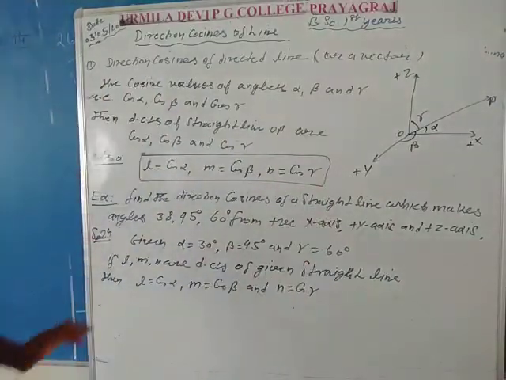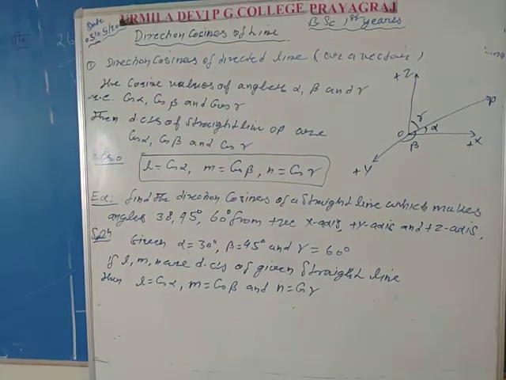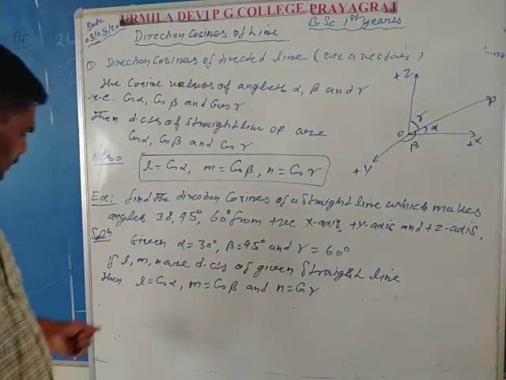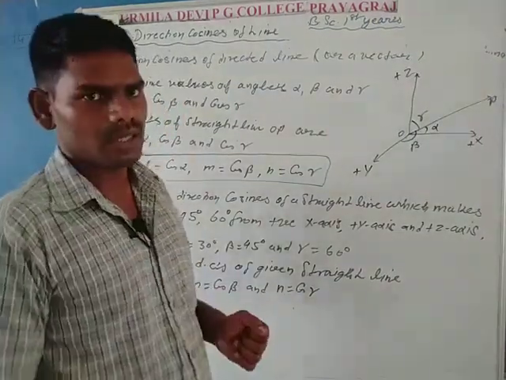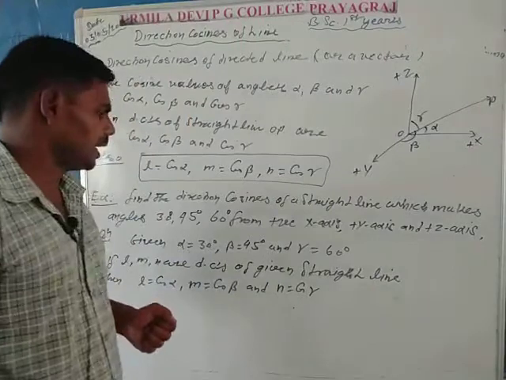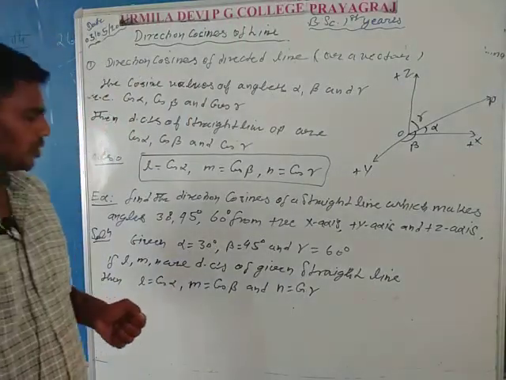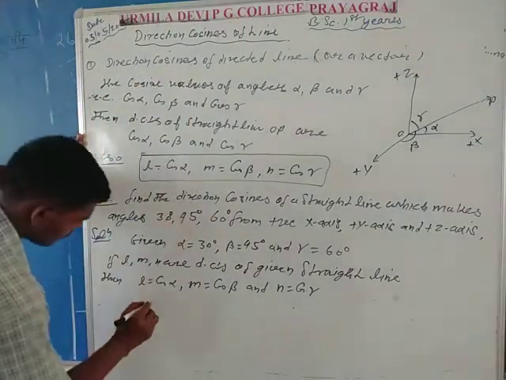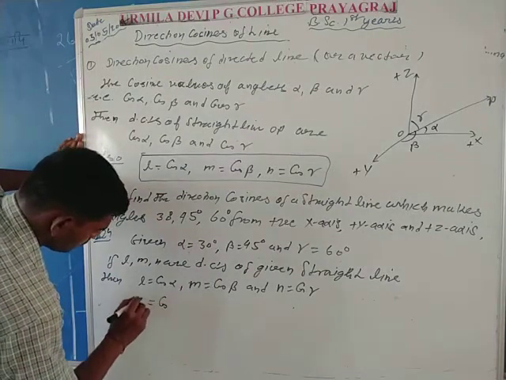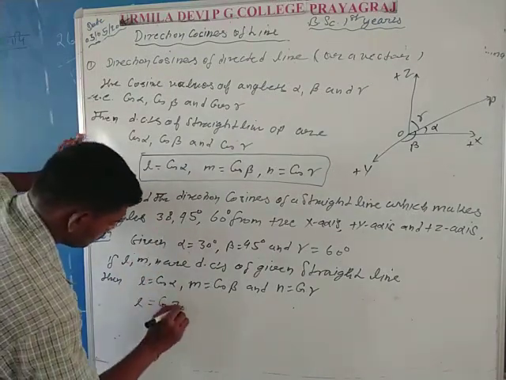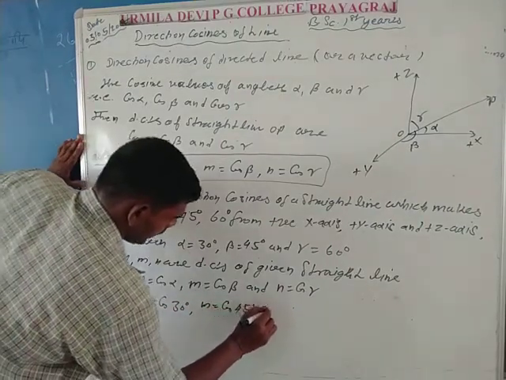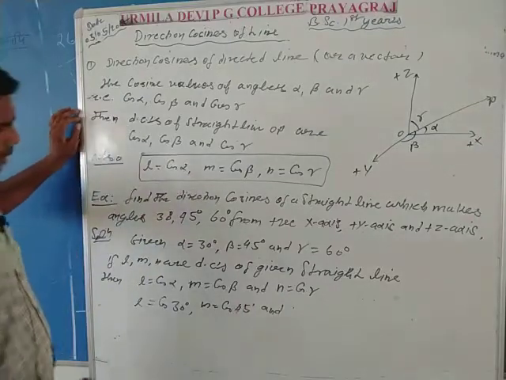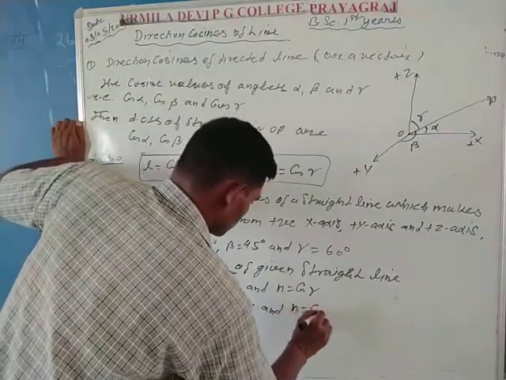Putting the values of alpha, beta, and gamma given in the question, L is equal to cos 30 degree, M is equal to cos 45 degree, and N is equal to cos 60 degree.